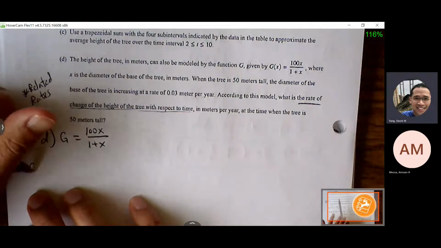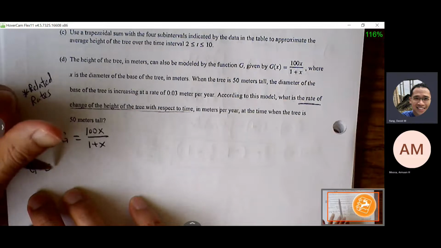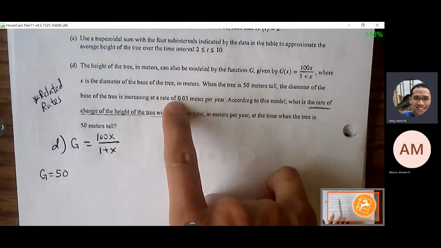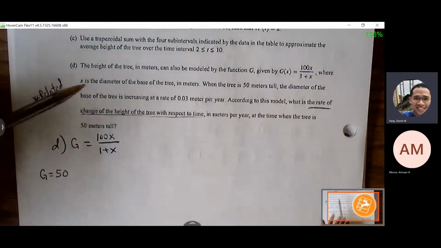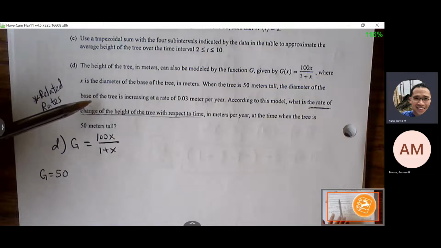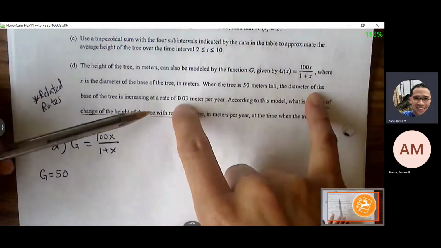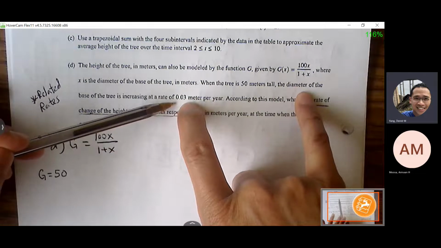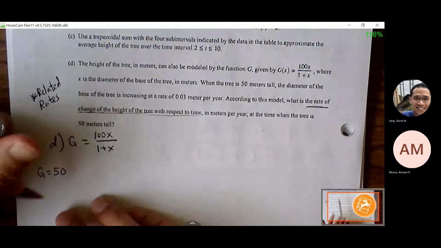Height is g, so we know that g at the moment in time is going to be 50. The diameter of the base of the tree, and x represents the diameter. The diameter is increasing at a rate of 0.03 meters per year. So we know that our dx/dt is going to be positive 0.03, right?